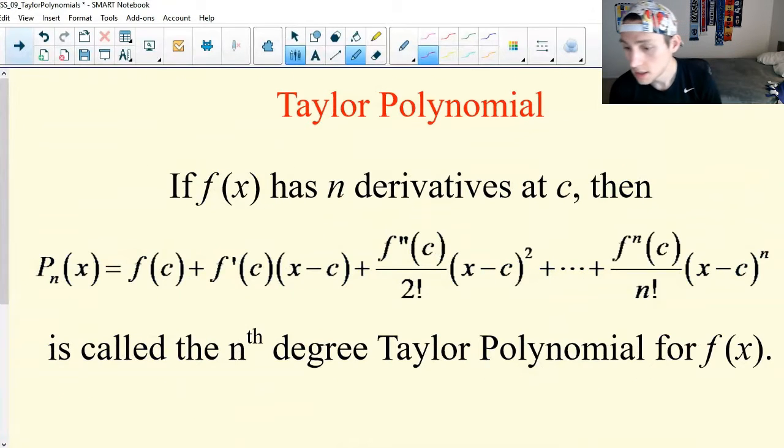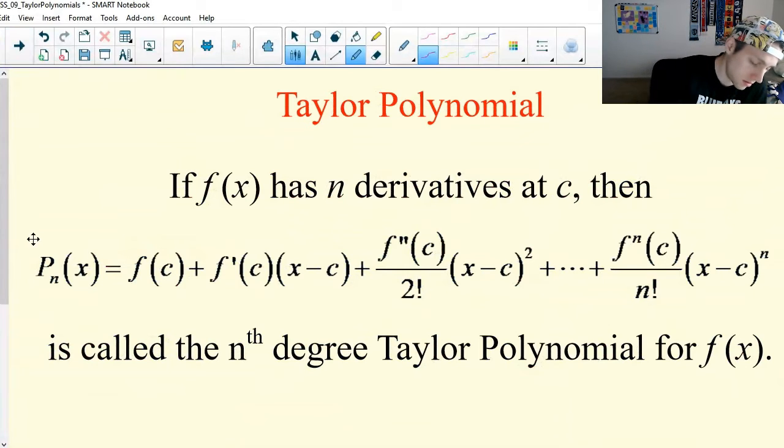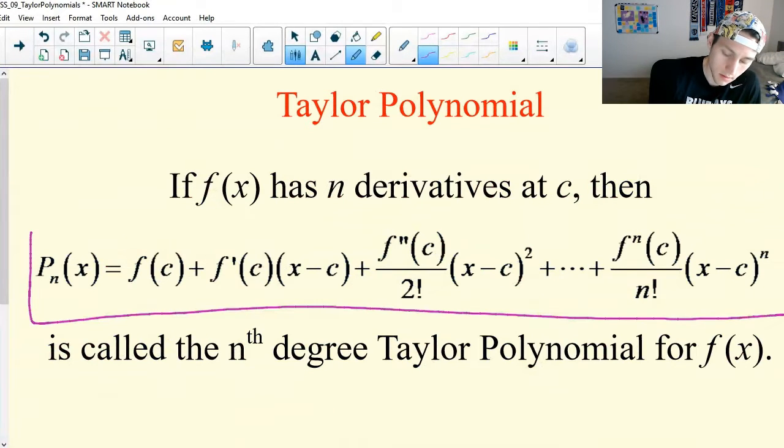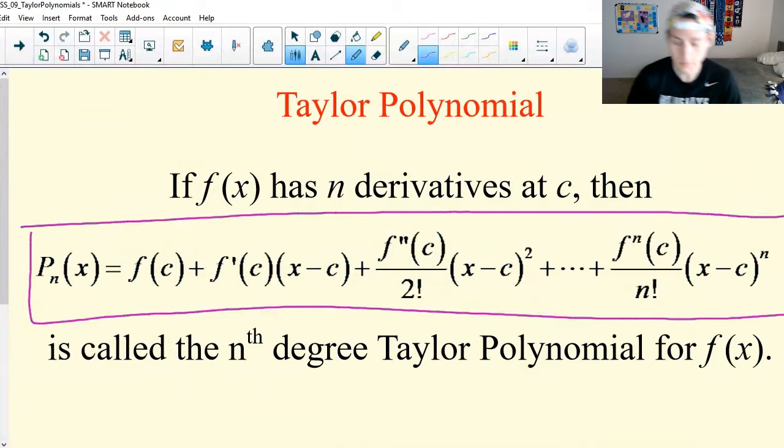So this is a Taylor polynomial. If f of x has n derivatives at c, then, okay, we'll denote this with p sub n of x. All right, so this is called the nth degree Taylor polynomial.